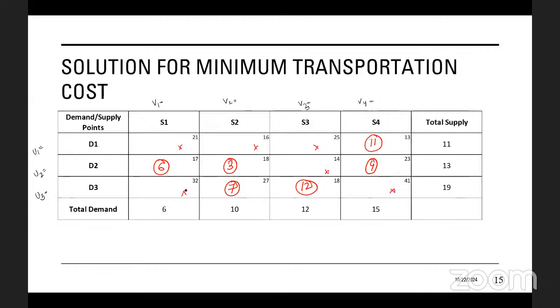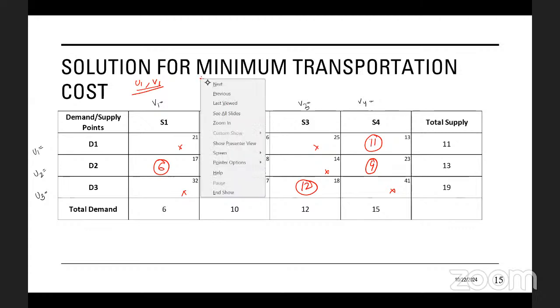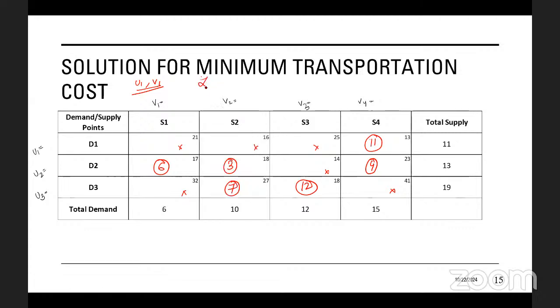So now for finding the solution for minimum transportation, we first find values called ui and vi, as has been discussed in the lecture. Once we find the ui and vi, we need to find the zj cost of every cell, which is basically the cost of that cell minus (ui plus vj).